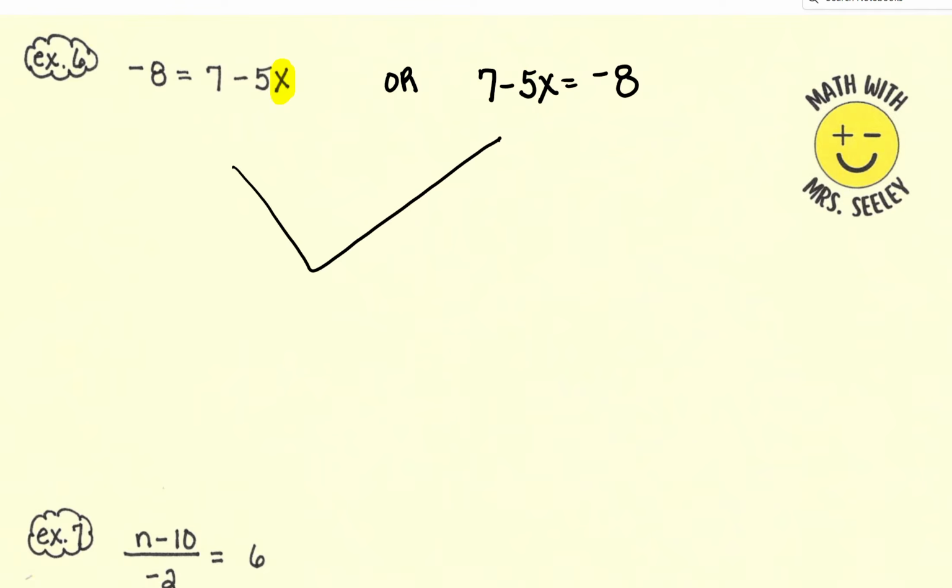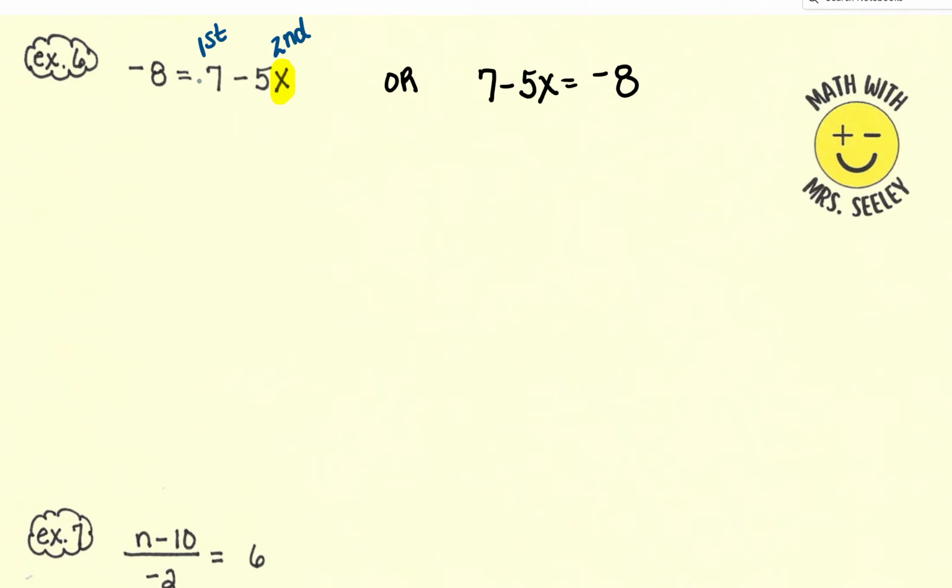So it's just whichever way you want to solve it. So I'm trying to solve for the variable. This is what's going to happen first, and this is what's going to happen second because it's attached to my variable. And if you'd like, you could pause the video, try the problem, then restart the video to check and see how you did. All right, so this is what's going to happen first.